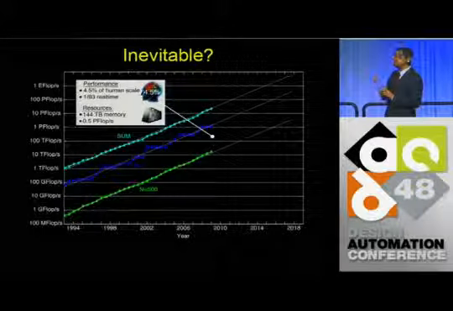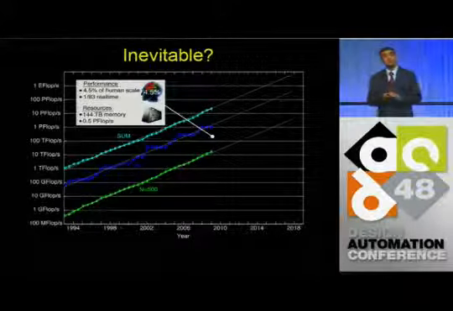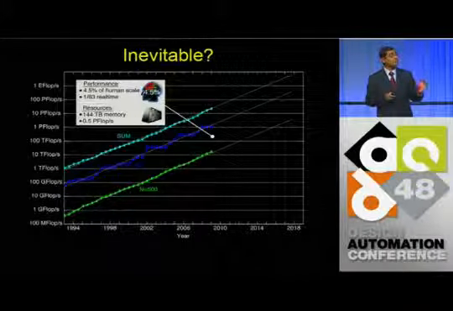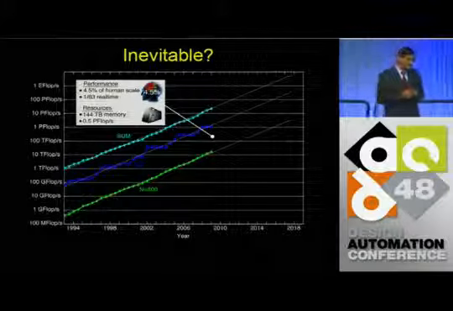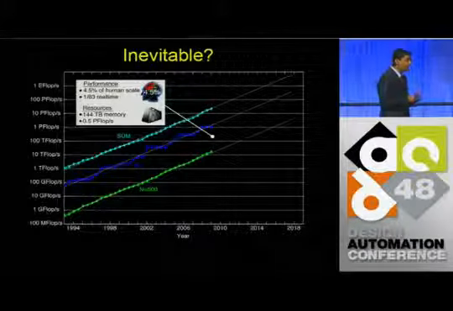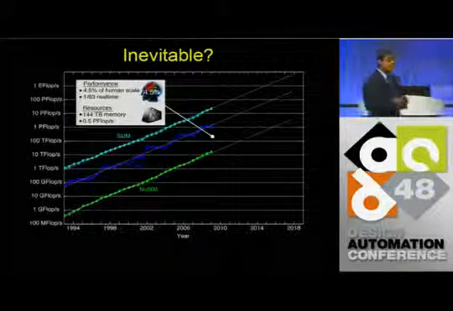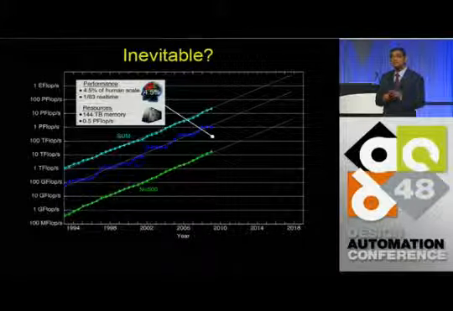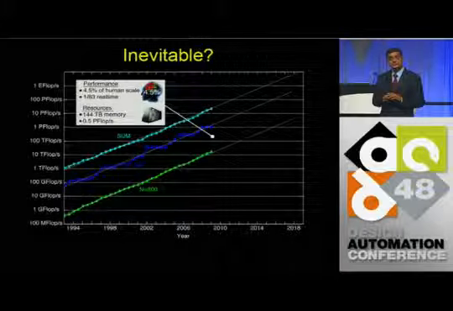The blue line is the computing power of the fastest or the most powerful supercomputer in the world as a function of time. And the top line is the sum of all 500 computers. And they all seem to be pretty much in a straight line.